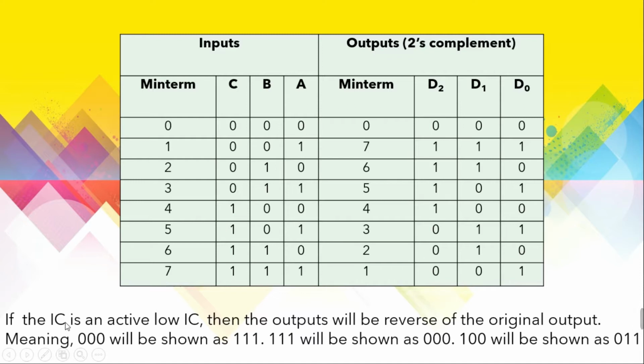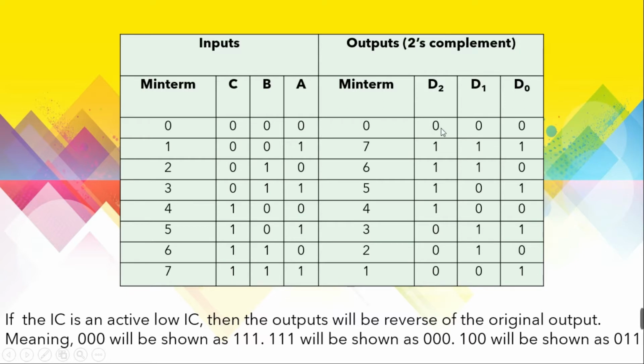However, there is a twist, because if the IC we are using is an active low IC, then the outputs will be the reverse of the original output. So what does it mean?